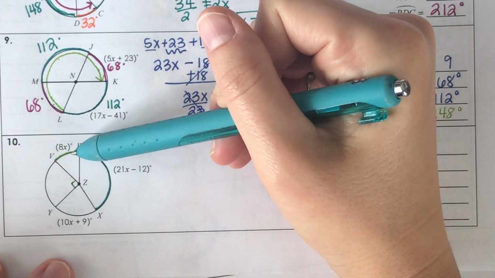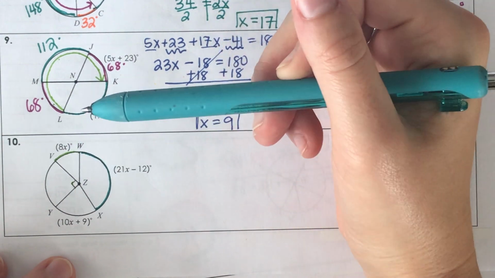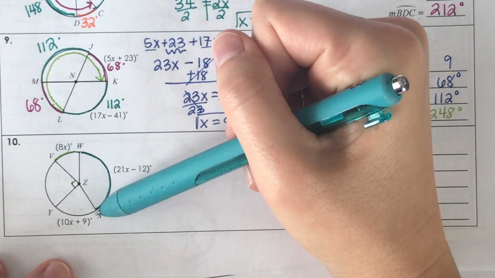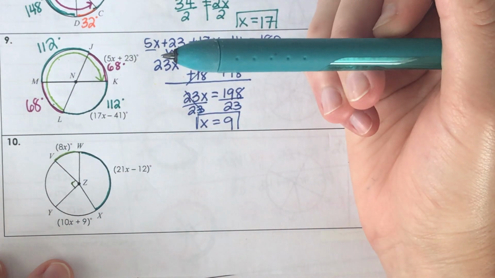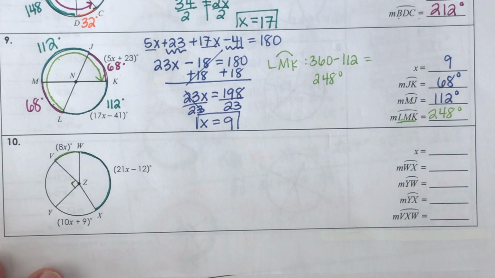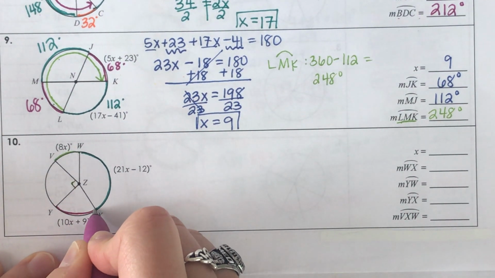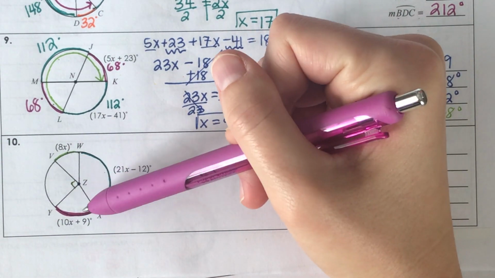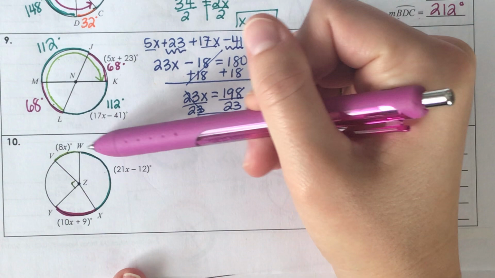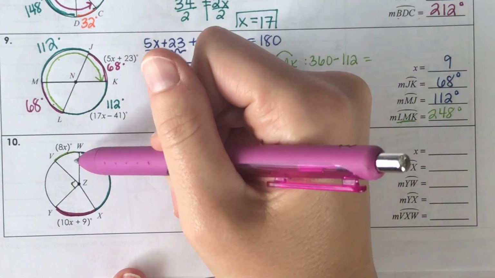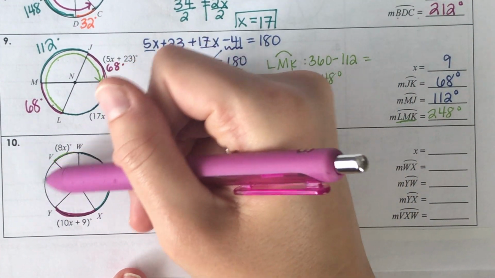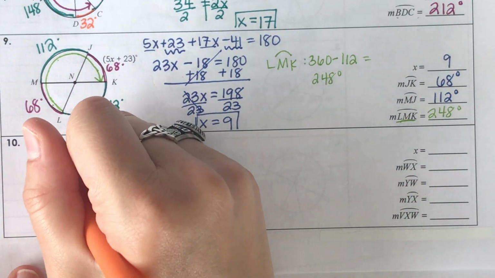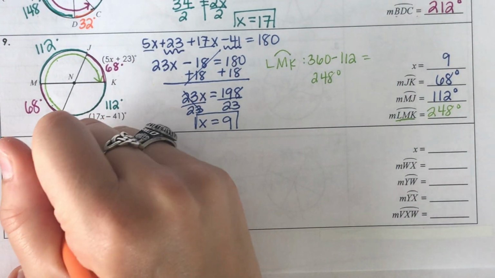Now look, if I put this green piece and this blue piece together, I'm not making 180 degrees. I'm making something different. If I also add to it this piece over here, so if I were to add the green plus the blue plus the pink, I'd have almost 360, but I'd have 360 minus whatever this piece is. Well, this piece is a 90-degree angle. That means right here is also 90 degrees.